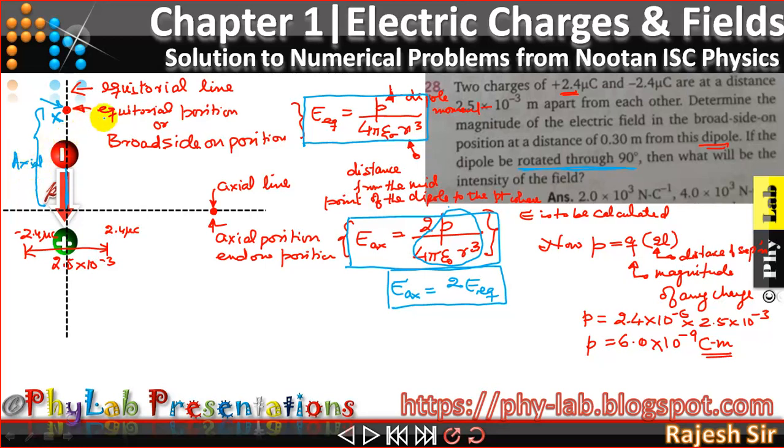The point which was earlier at the equatorial position, when the dipole got rotated by 90 degrees, has now become the axial position, friends. So now the electric field at point X is nothing but the electric field at the axial position. So the electric field at the axial position is twice the electric field at the equatorial position, isn't it?